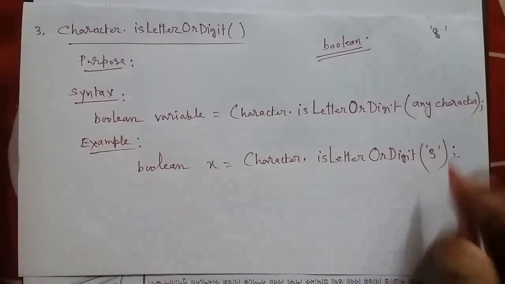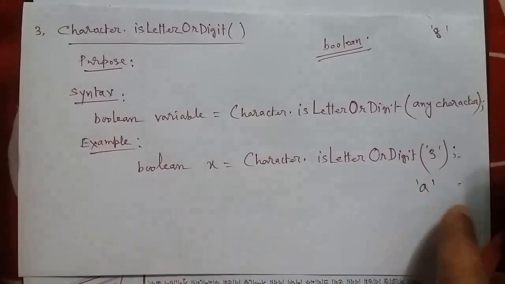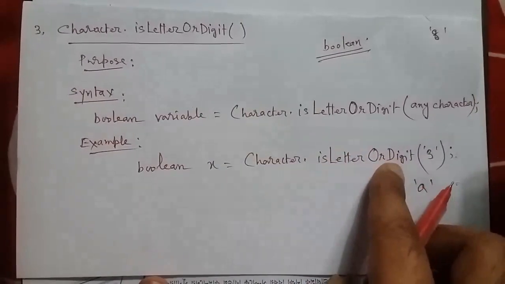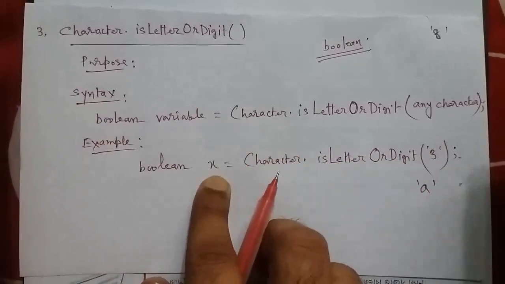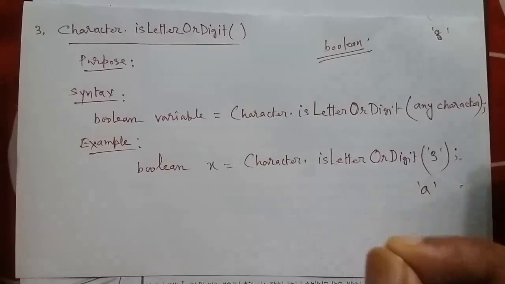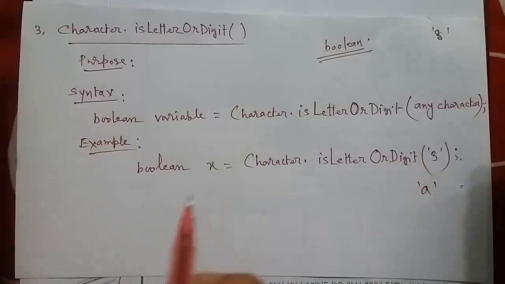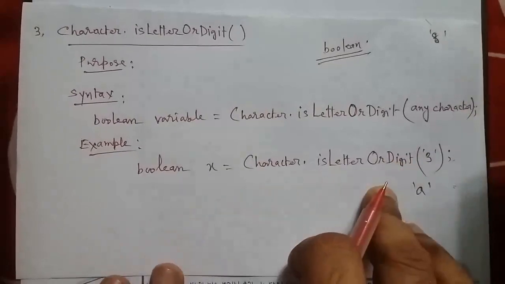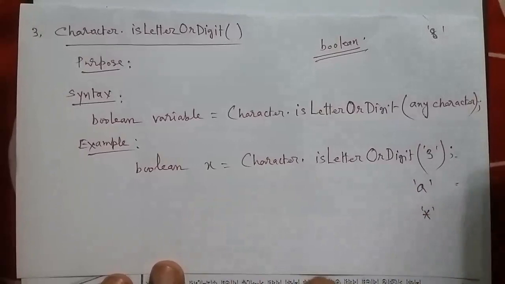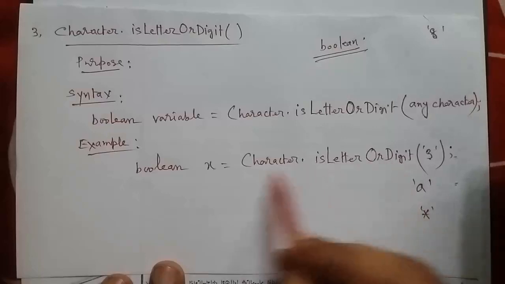If this one is small a, then small a is a letter, that's why the isLetterOrDigit method will also return true and will store in variable x. That means this method will return true for both the letter as well as digit. Otherwise it will return false. That means it will return false only for the special character. So if I give a star as argument, then this method will return false.